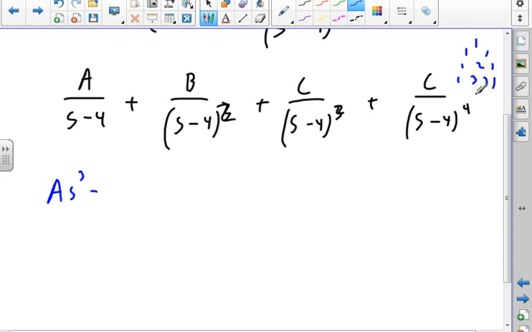Okay, so this would be a 3. 3 times 4 is 12, as squared. 3 times 16 is 48, plus 48as, minus 4 cubed is 64a. Okay, plus, did I do that one right?